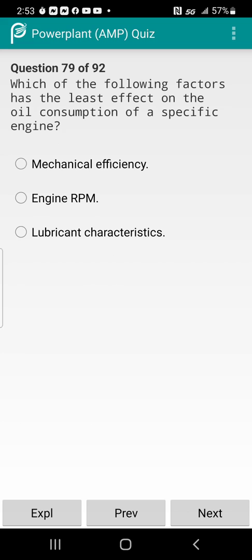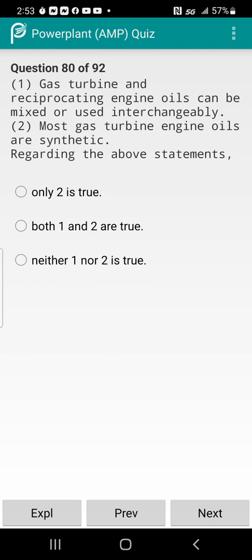Which of the following factors has the least effect on oil consumption of a specific engine? Mechanical efficiency. Gas turbine and reciprocating engine oils can be mixed or used interchangeably. False. Most gas turbine engine oils are synthetic.